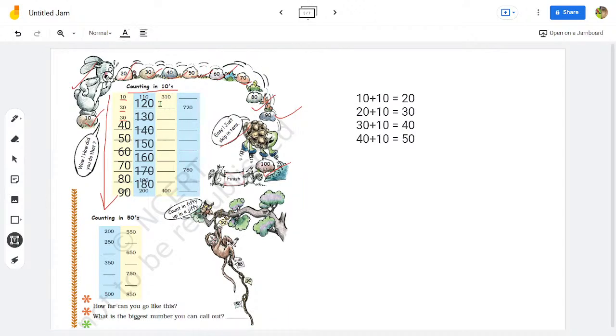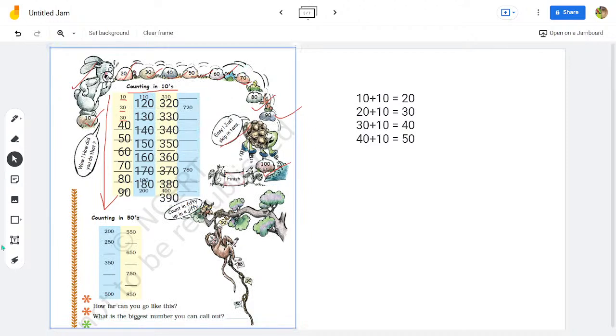So we have the next one as 320, 330, 340, 350, 360, 370, 380, 390, and at last we have 400.